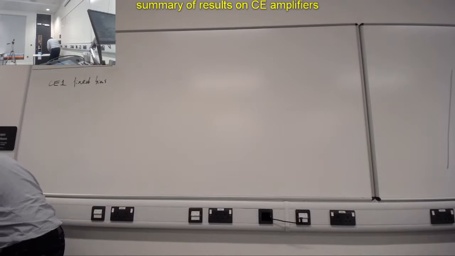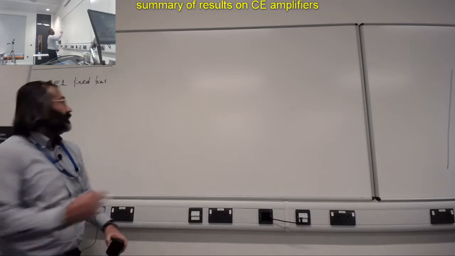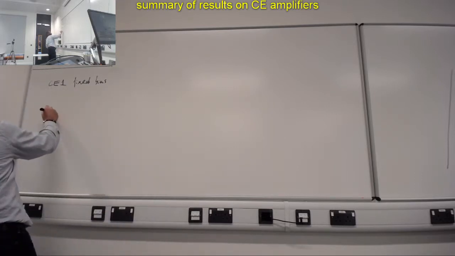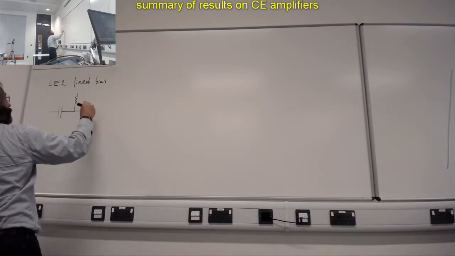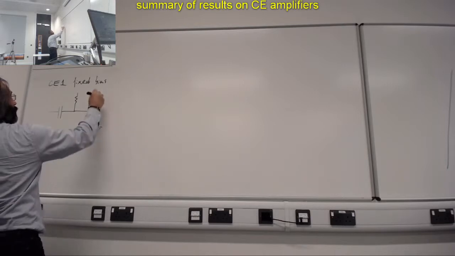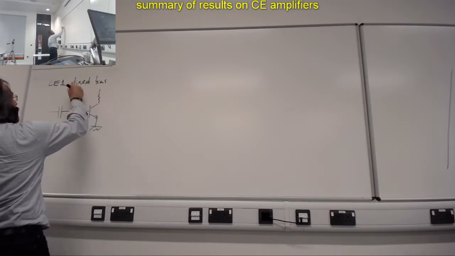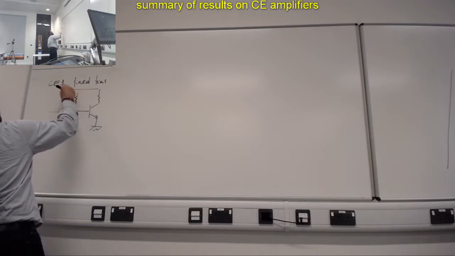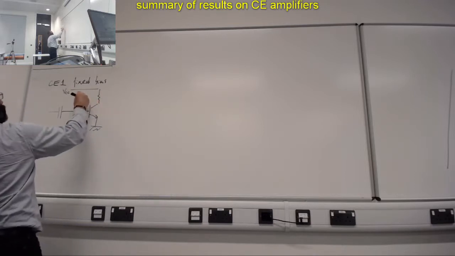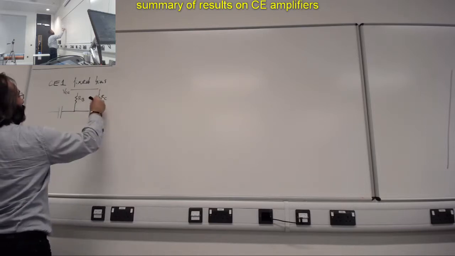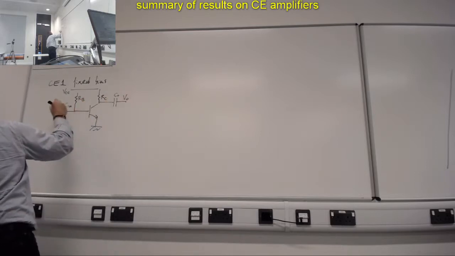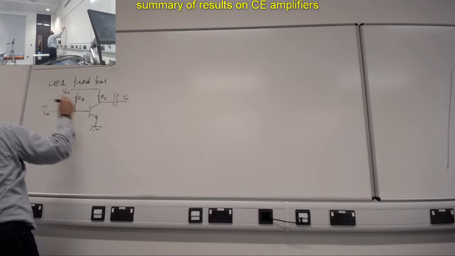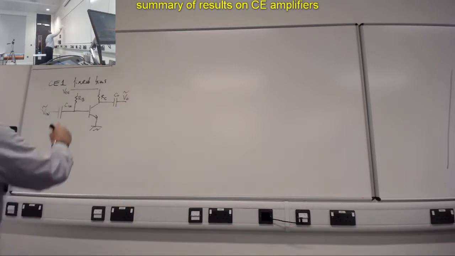The fixed bias configuration was: we had our capacitor, and then there was a resistor, and this was VCC, this was RB, RC, and we were taking the output here. And this was V in. This was the fixed bias configuration.